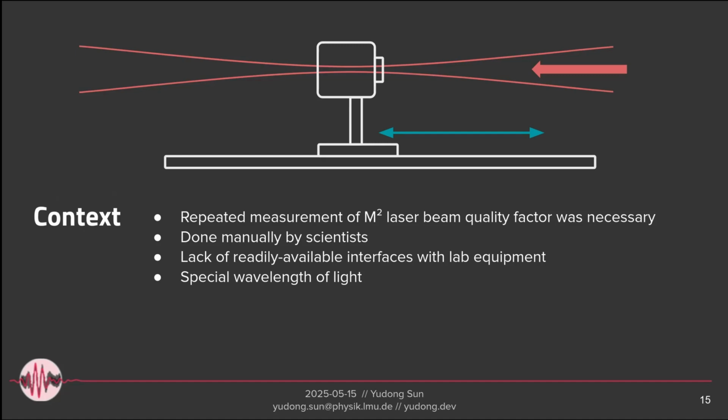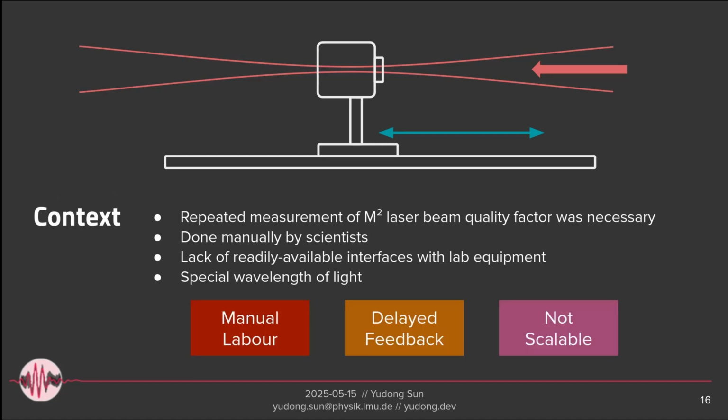And the fact is that this equipment lacks readily available interfaces, which means that automating it is not so straightforward. And since we were working with a special wavelength of light, we couldn't really take anything directly off the shelf. So these measurement setups were not available off the shelf. And what that meant is that there was a lot of manual labor.